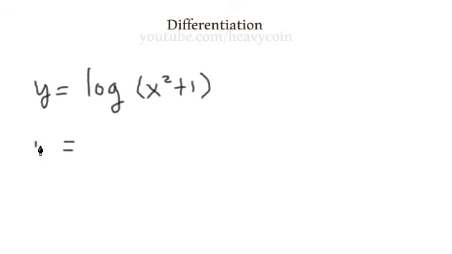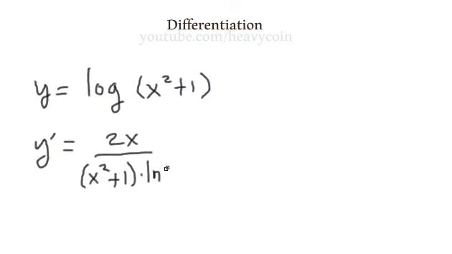So we are asked to find y prime. So we take the derivative of what's in parentheses, which is 2x. We rewrite what's in parentheses, and of course I'm going to write that in parentheses, times, now remember, there's a 10 here, even though it's not written, the natural log of 10. Okay?